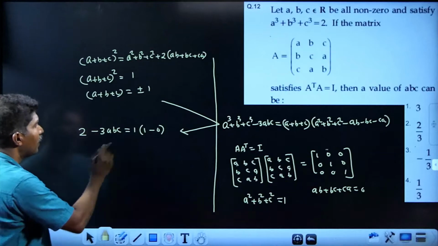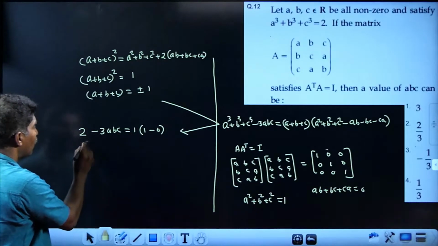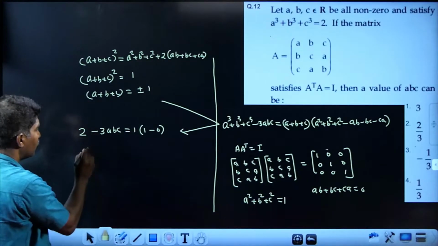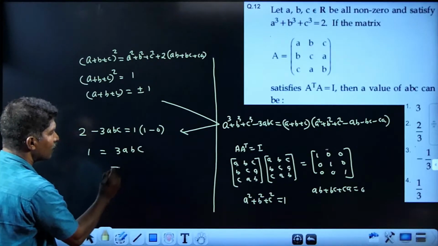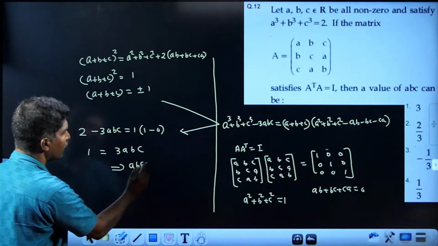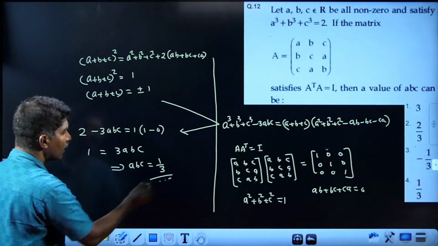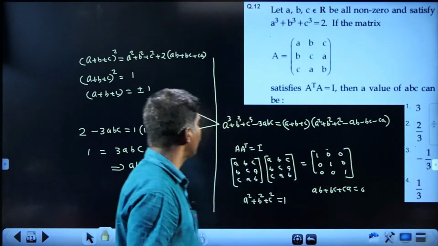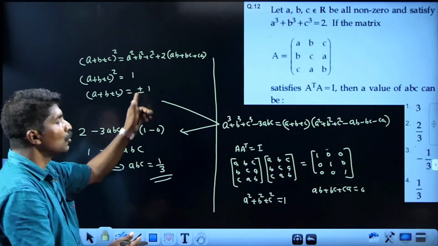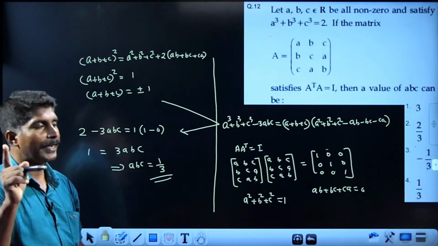Then I can write this as only 1. Taking it to the right side, 1 is equal to 3abc. That implies abc is equal to 1 by 3. Check the options. Of course, you can see there is an option 1 by 3. If you are not getting an option, you have to go through minus 1 also. You will be getting another result.